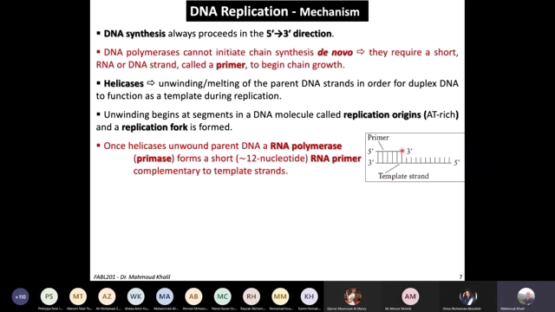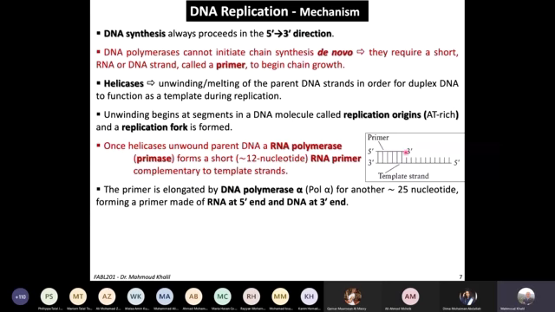And as we said before, this primer is crucial for identifying the location where the DNA polymerase will start initiating the process of replication. Since the DNA polymerase cannot initiate synthesis de novo by itself, the primer is elongated by a specific DNA polymerase alpha, for another 25 nucleotides, forming a primer made of RNA at its 5' end and DNA at its 3' end.